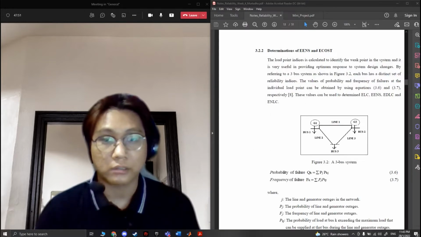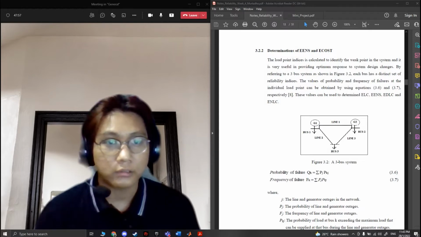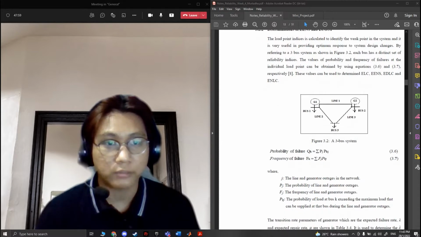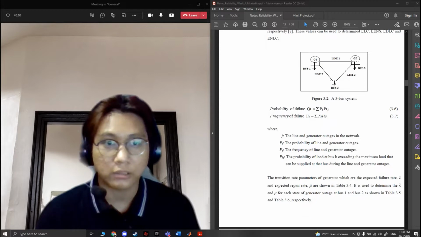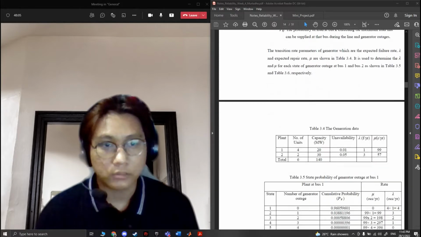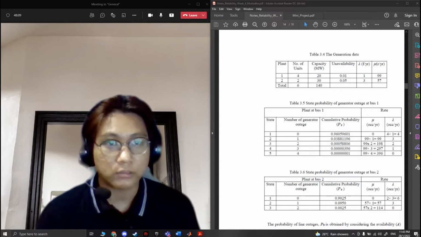Next we are asked to calculate the probability of generator outage at bus 1 and bus 2 and so on. From this question onwards, everything will be based on this 3-bus system right here, and everything will be calculated based on this. First off, we are given the table of generation data and the answer for the generation outage of bus 1 and bus 2.